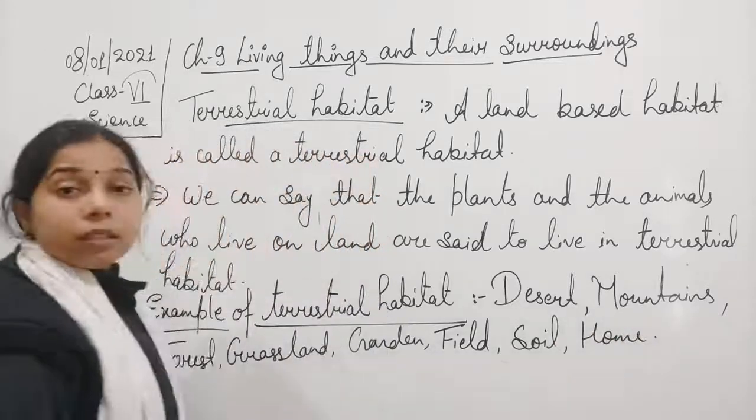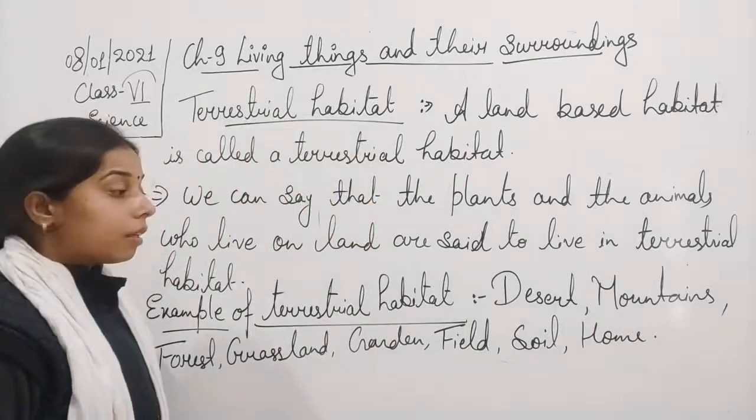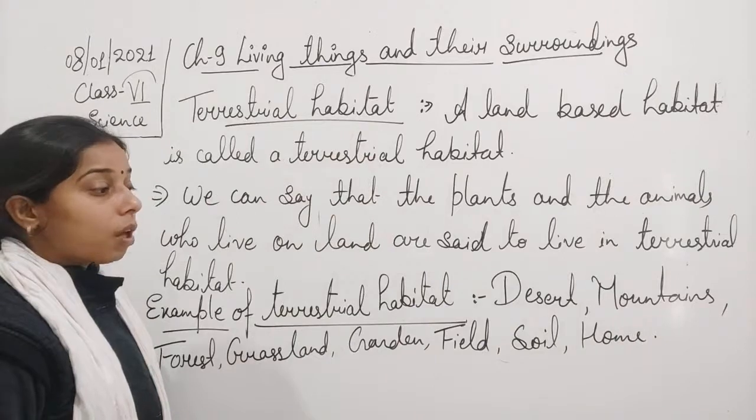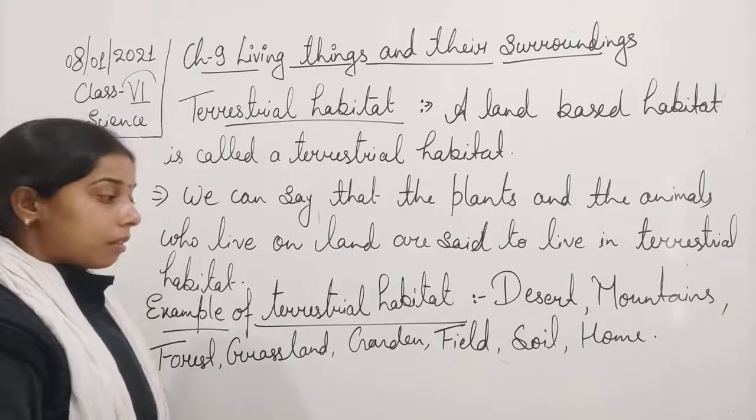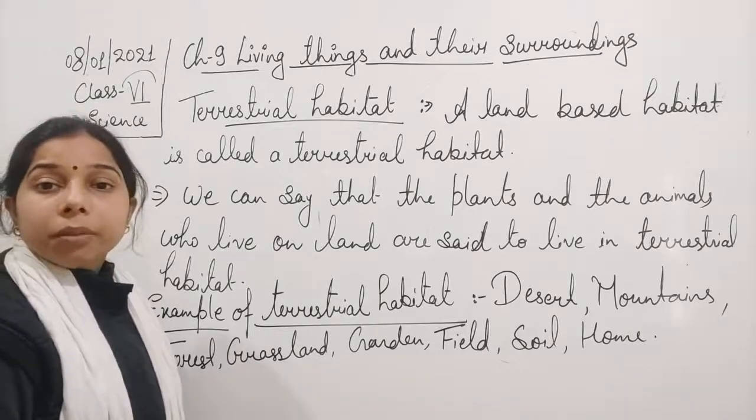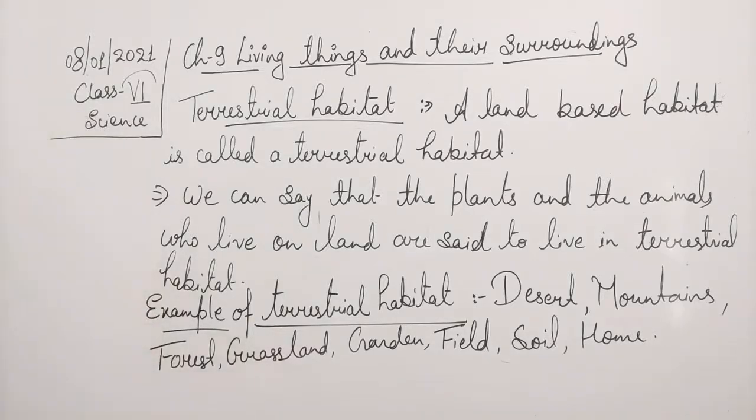These all are what? These are all examples of the terrestrial habitat. So you see, student, all these things are on the land. Since they are on the land, they belong to the terrestrial habitat.